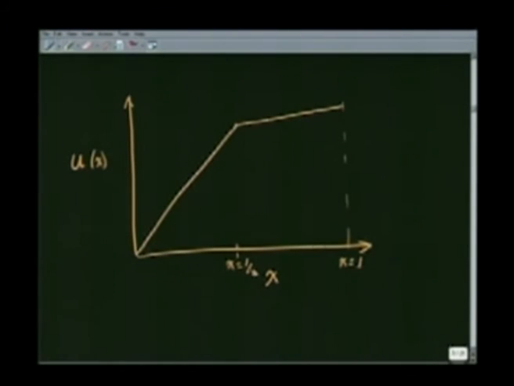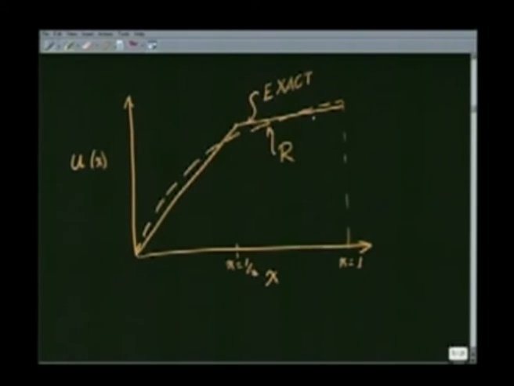If you now take the solution that you have obtained using the Rayleigh-Ritz method, it will do something like this. So this is the exact, and this is the Ritz, 2 term. If you take 3 terms, it will still do this.